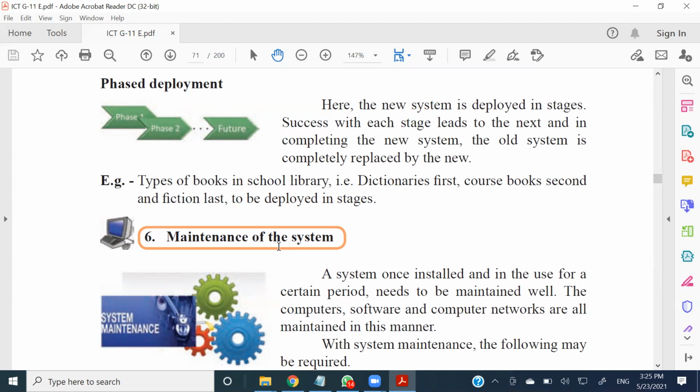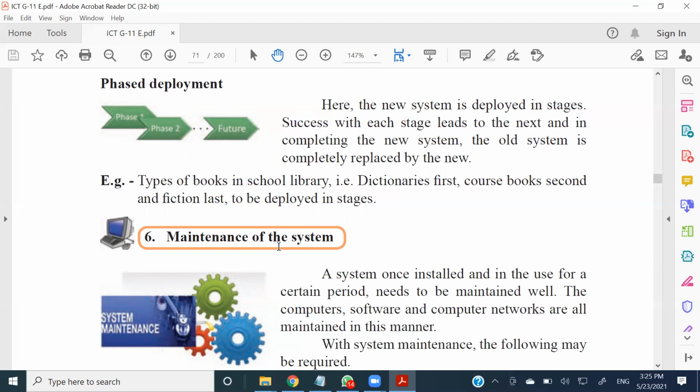Right now, if you take an example, if an organization has made a system that controls the purchases, maintains the sales, as well as maintains the stocks, right? So what they do is, first they give the purchases part of the new system to be applied to the entire organization.